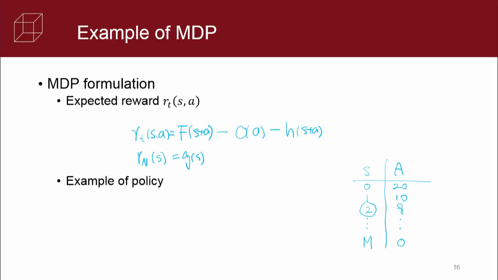So that table tells you to order 8 units. So if you could define the order quantity for every possible state, you can define the decision rule. So this is an example of a decision rule.